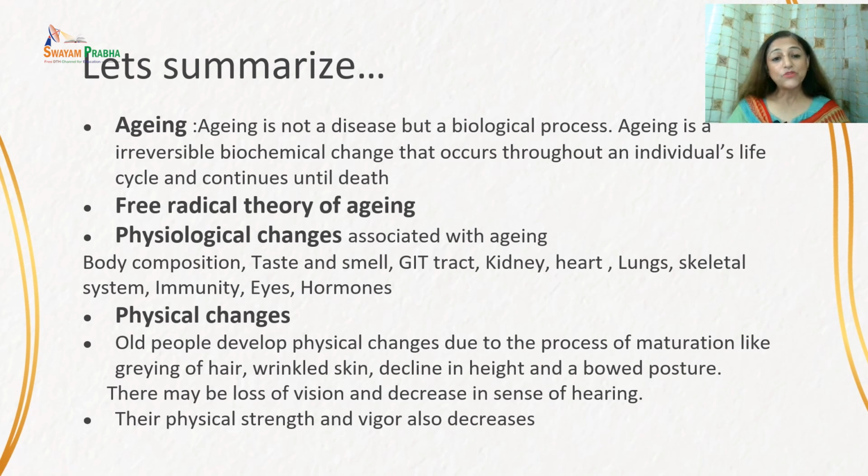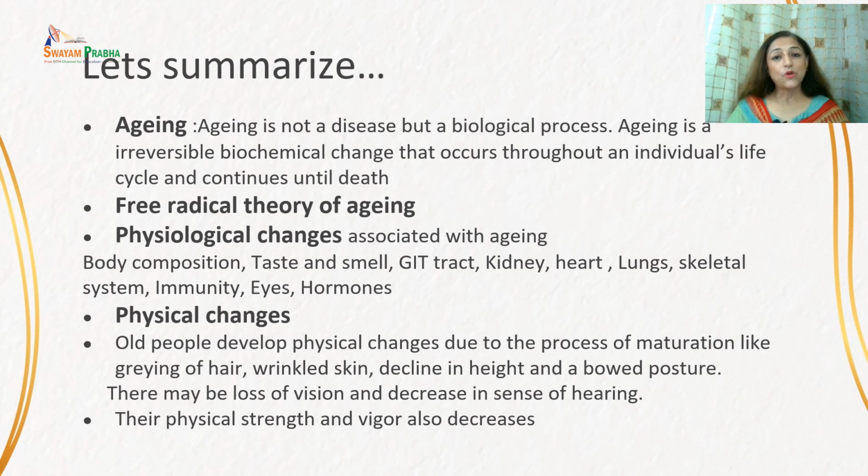Then we studied the free radical theory of aging, in which we studied the effect of antioxidants in preventing aging, and the role of pro-oxidants and free radicals, which damage the cells and tissues and cause aging.